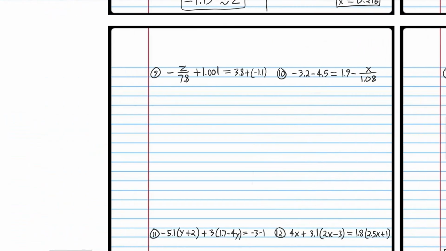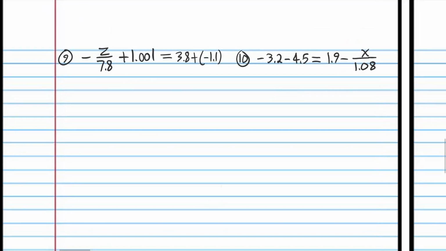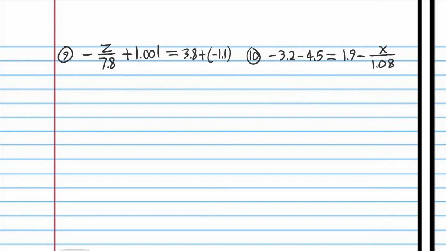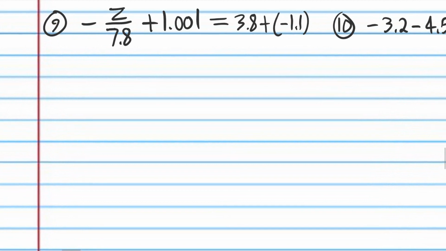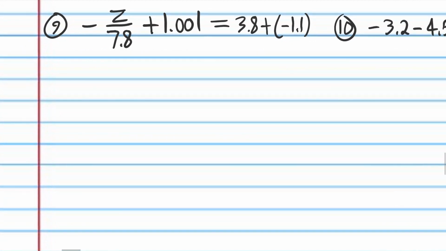So on to number 9. Number 9 is going to be similar. So again, when you multiply both sides by negative 7.8, you have to add that negative there. So why don't you try number 9, and when you come back, we'll do it together. All right, we're back. So 3.8 plus negative 1.1 is 2.7. And we'll just rewrite this.